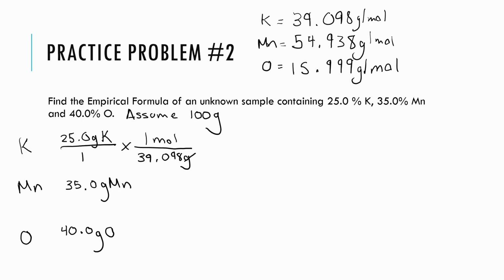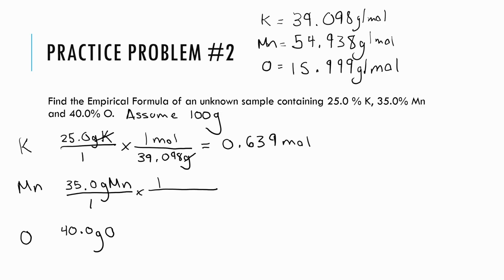My grams of potassium cancel out, and when we're calculating this, we're going to take 25 divided by that 39.098. In this case, we have 3 sig figs because the 25.0 has 3, so we get 0.639 moles.